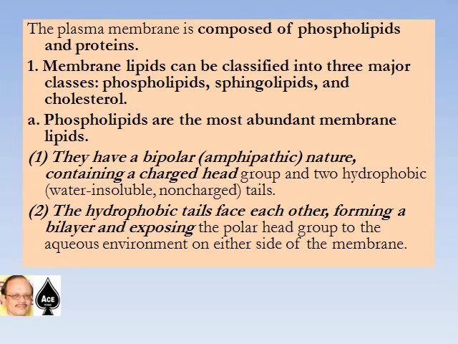They have a bipolar or amphipathic nature, containing a charged head group and two hydrophobic tails, which are water-insoluble and non-charged. The hydrophobic tails face each other, forming a bilayer and exposing the polar head group to the aqueous environment on either side of the membrane.